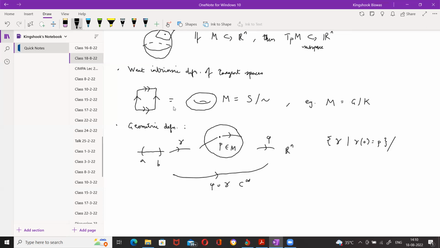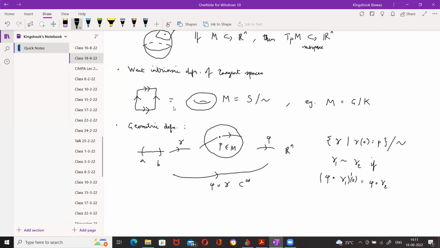And then you quotient this by an equivalence relation where gamma 1 is equivalent to gamma 2 if, when I look in a chart phi, then phi composed gamma 1 and phi composed gamma 2, these two curves in Rn, have the same derivative at time 0.